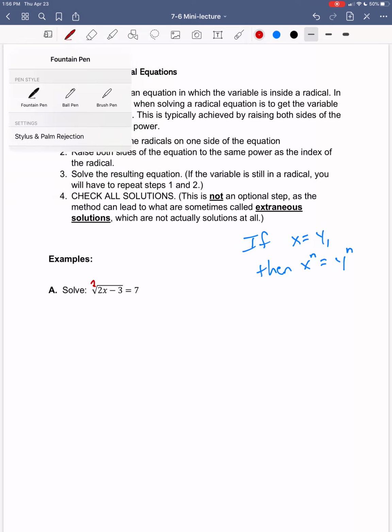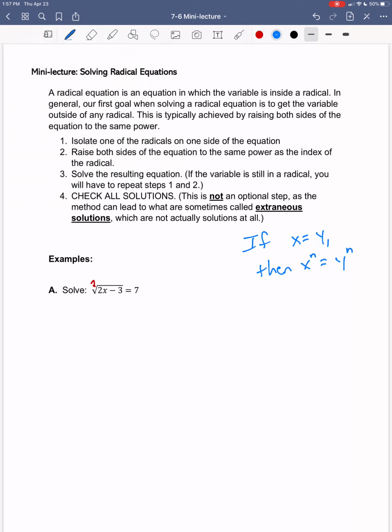So I'm going to raise both sides to the second power. We've got the square root of 2x minus 3, and I'm going to square that, and that's going to be 7 squared. If I have a square root squared, that essentially cancels out. They undo each other, so the radical goes away.